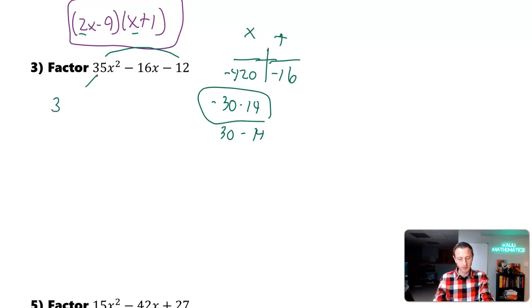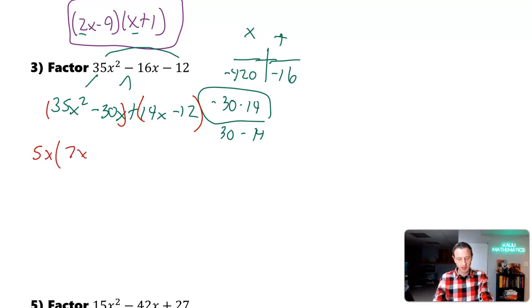So I'm going to bring down 35x squared and replace negative 16x with negative 30x and 14x. And it doesn't matter the order when you're replacing that middle term. Then minus 12. Factor by grouping. From the first set of parentheses, I'm going to take out a 5x, because it's x squared and x.